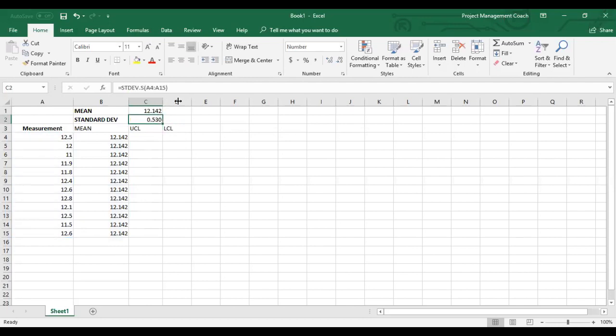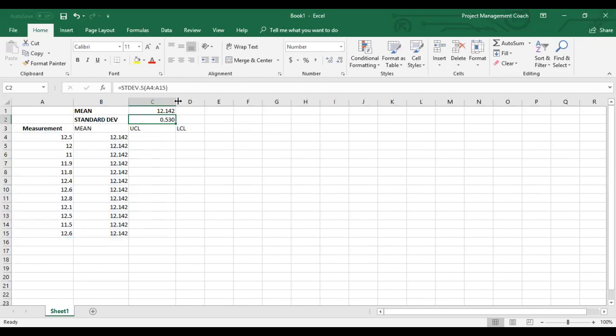Okay. What is the standard deviation really? The standard deviation is the average distance of each of these values from the mean. It gets rather convoluted after a while, but just think of it like it's the average distance of each of these measurements, 12.5, 12, 11, 11.9.